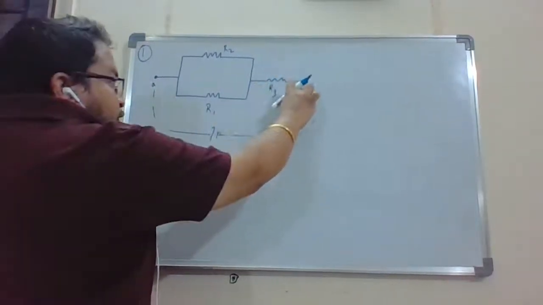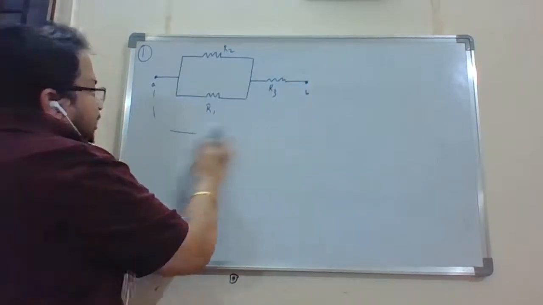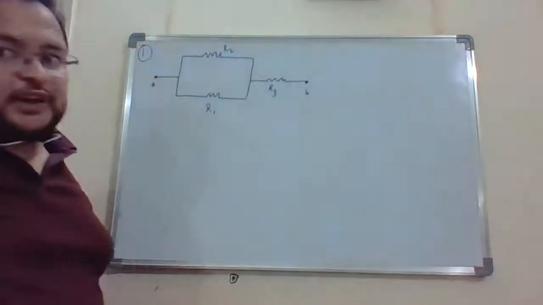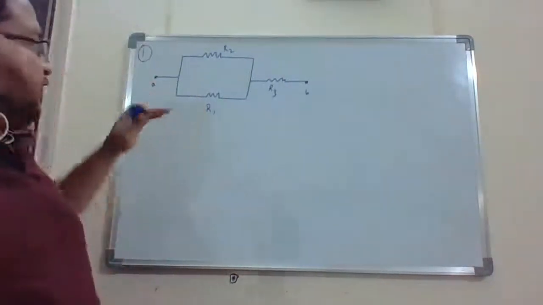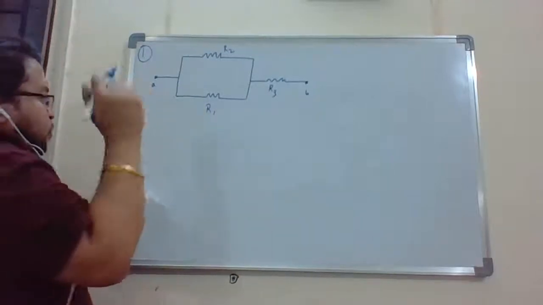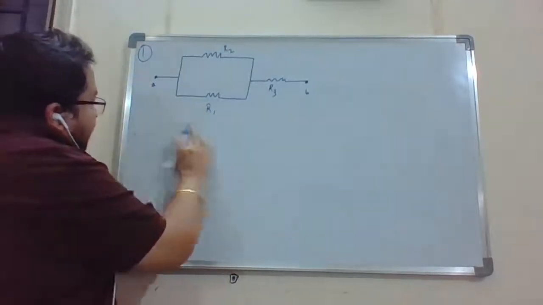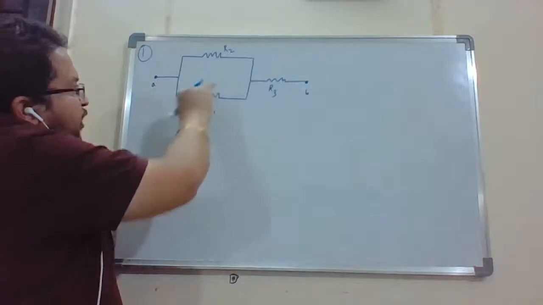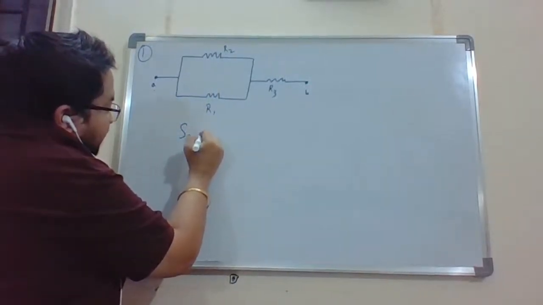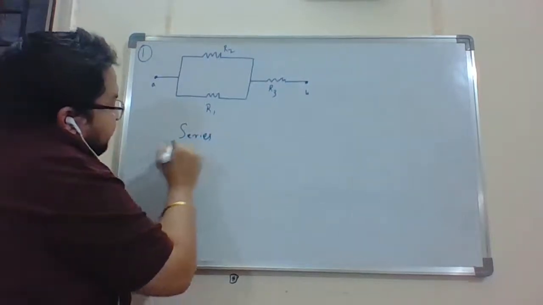Let me erase it for our purpose. We don't need it right now, because we are not calculating the current and all those things. So let us try to find out the equivalent resistance in this case. Let us now come to my model of finding out series and parallel. So please note it clearly, carefully.